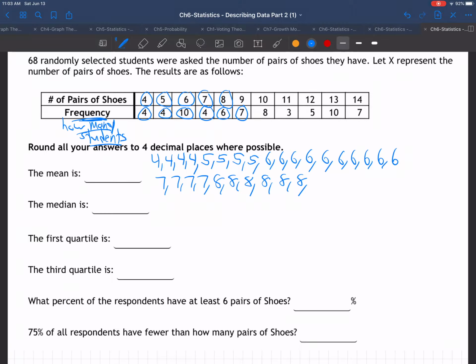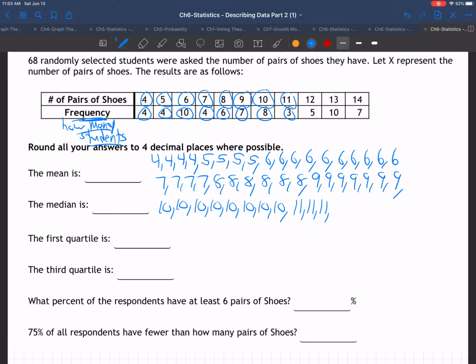7 students have 9 pairs of shoes. 1, 2, 3, 4, 5, 6, 7. And 8 students have 10 pairs of shoes. 3 students have 11 pairs of shoes.